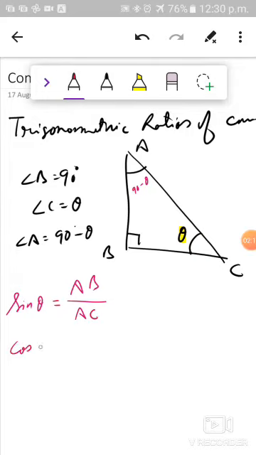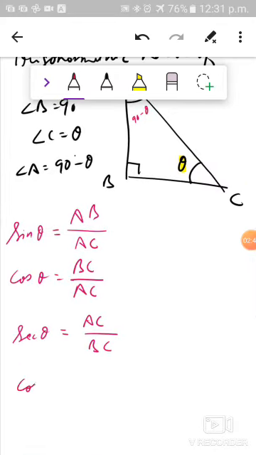Same like this I can write cos theta, adjacent side to angle theta, that is BC, that is called base, by hypotenuse AC. Then sec theta is hypotenuse upon base, that is AC upon BC.